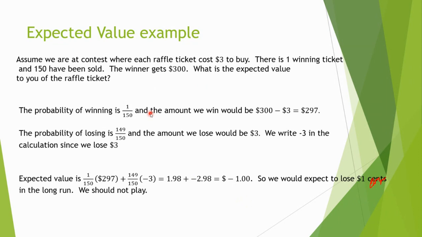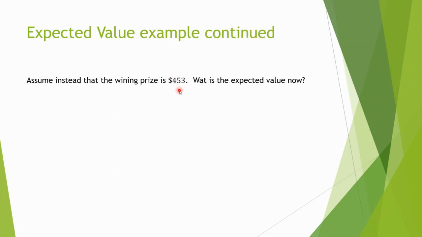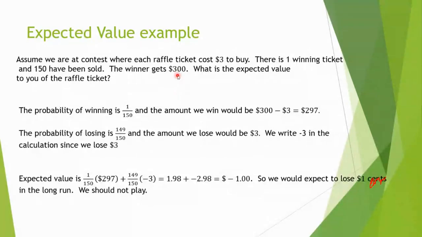So this was a fun example, but now I'm going to change things up a bit. Let's suppose now instead, the winning prize was not $300; it was $453. So they're adding $153 to the winning prize.